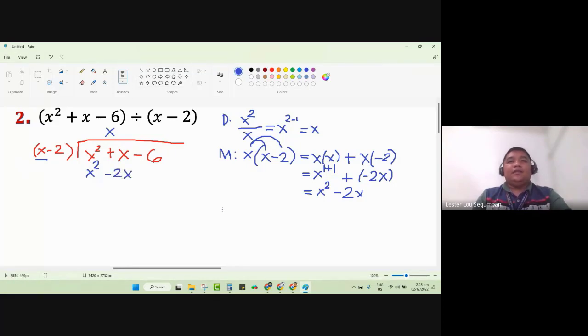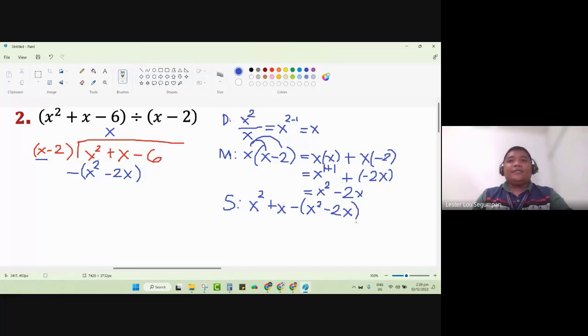2x. The next step is subtraction. But when we subtract, do not forget that we are subtracting not just this term, but the entire expression. Again, not just this term, but the entire expression. So if we are going to copy it here, the dividend at the top, x squared plus x minus your difference, which is x squared minus 2x.